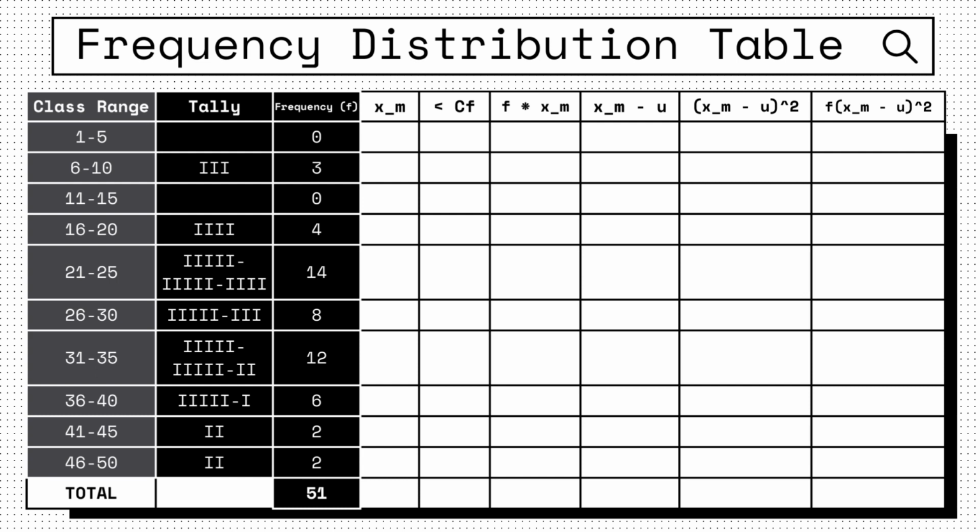To sum it up, there are a total of 51 students, which will be n.